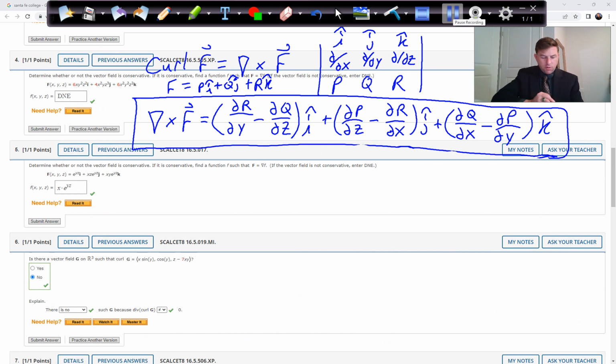In problem 6, they want us to look at things a little differently. They say, is there a vector field G in 3 dimensions, R3, such that curl of G equals this vector, yes or no?